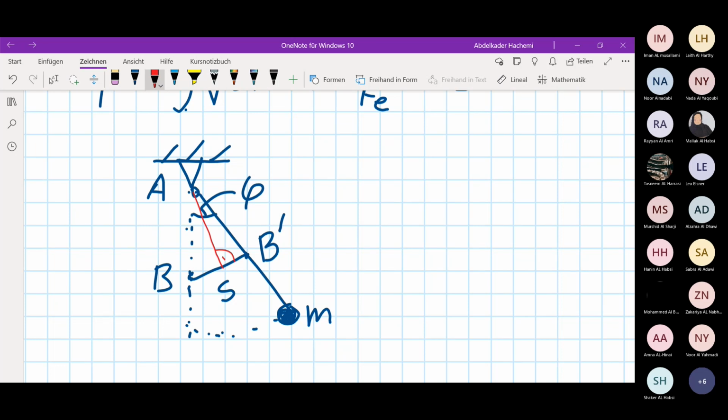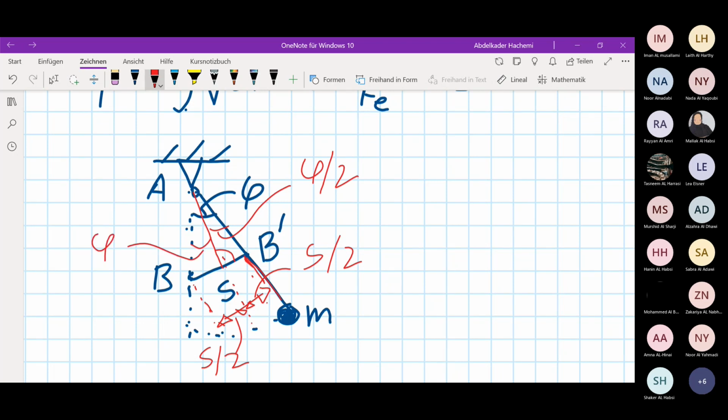This part can be divided into two parts: S over 2 and S over 2, the half of S, the half of S. And we have the angle phi divided by 2, and here also phi divided by 2.